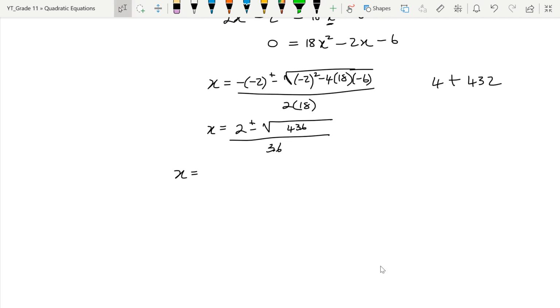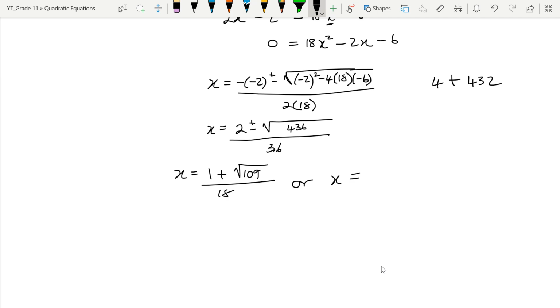So I'm going to put that into my calculator. One that has 2 plus the square root of 436 over 36. And make sure that you read the question carefully. If it says leave it in surd form, then that is what we will do, over 18.